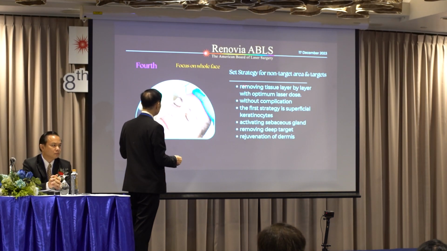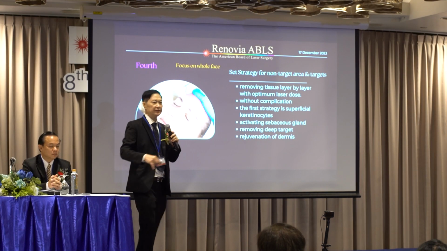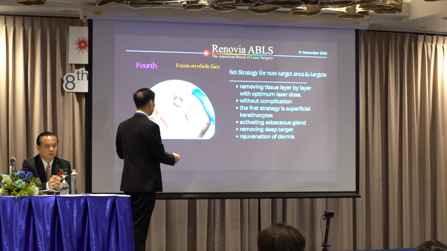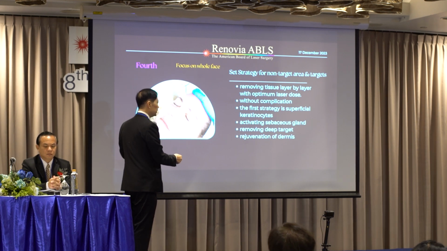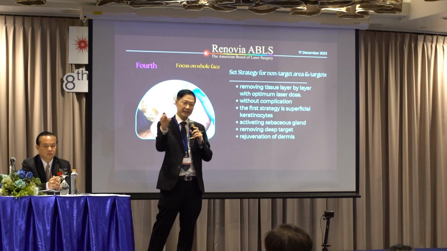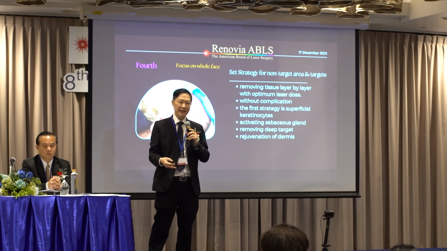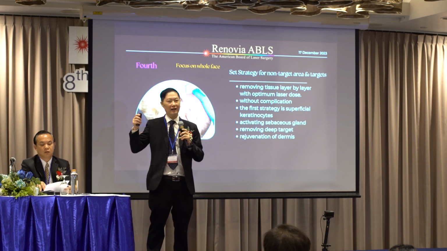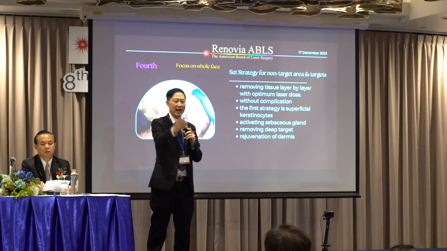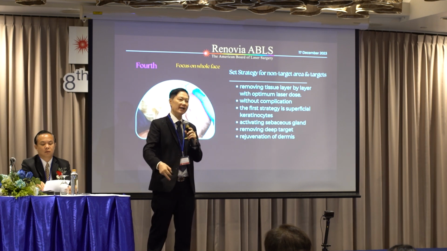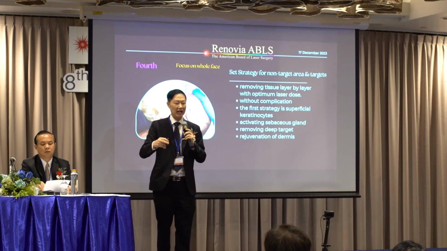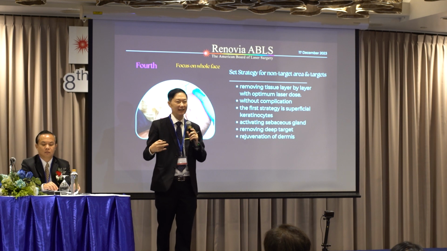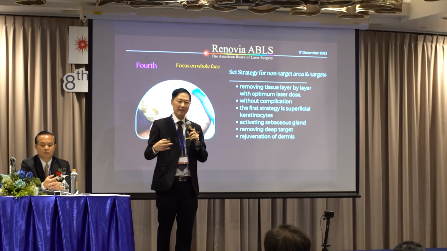The whole face first, then after testing you do the whole face again. The strategy is to remove tissue layer by layer. It means that the skin is very deep. If you use 100 joules at one bang to burn the whole tissue, the whole tree with the roots, you don't know whether it's too much or not.